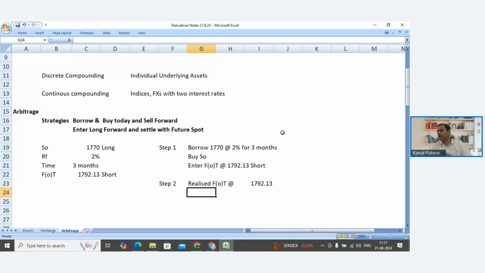Effectively, in a futures contract, you don't receive the money, you only receive the difference. But here, for the sake of discussion, we'll say you will deliver the gold and you will receive 1792.13. Then repay the loan. Tell me the loan amount.